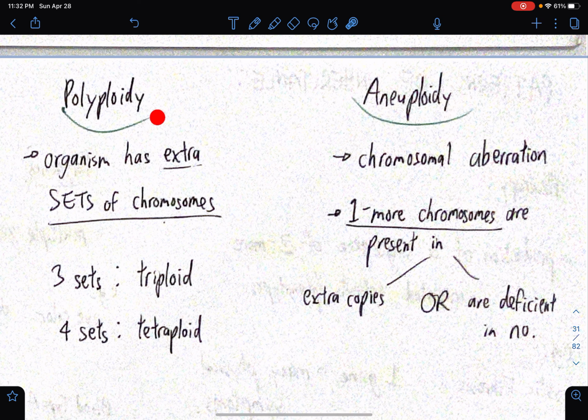We also determined which between these two types is more dangerous. I think it's aneuploidy. I'm not sure. Might as well confirm using the internet.